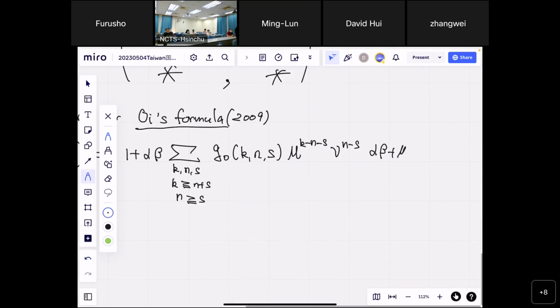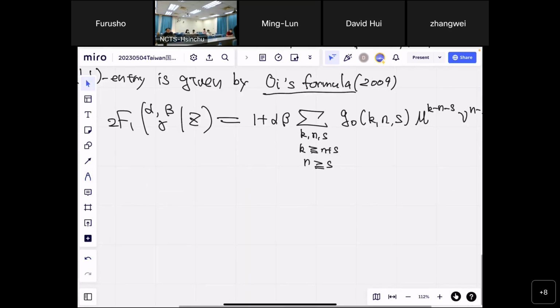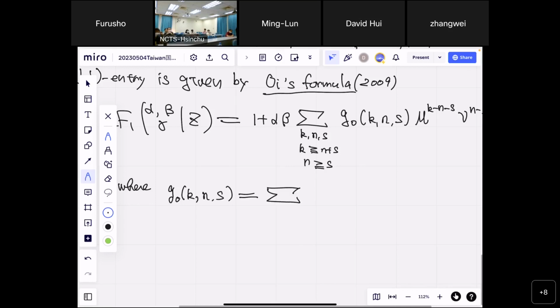This is a summation, a finite summation of multiple polylogarithms. The very last formula is Oi's.